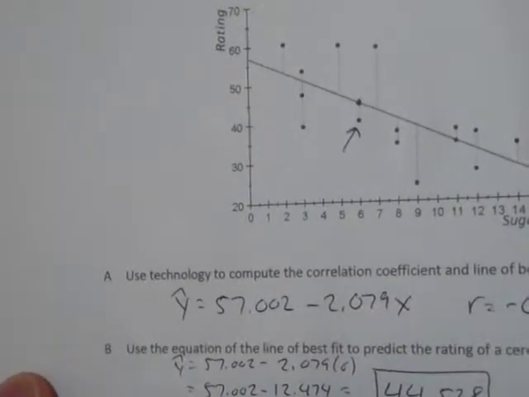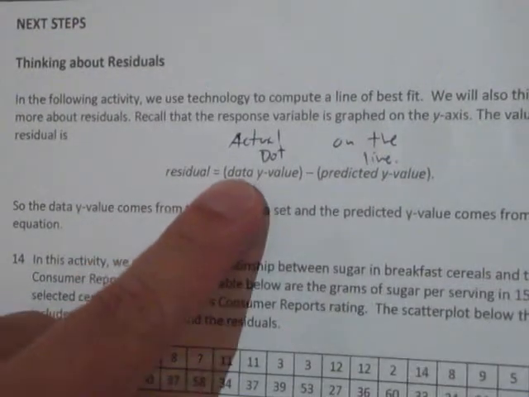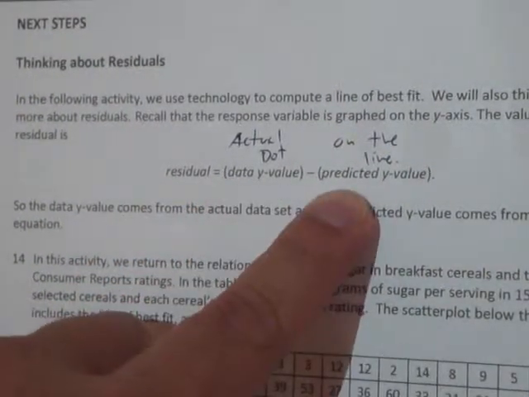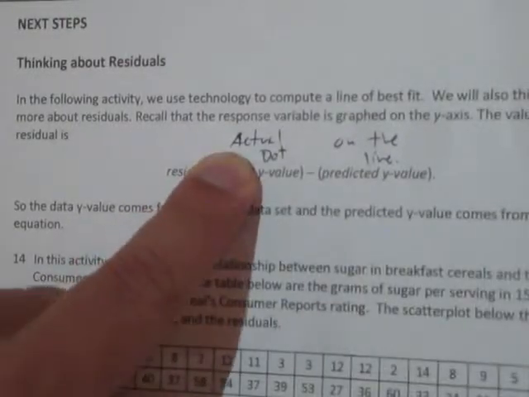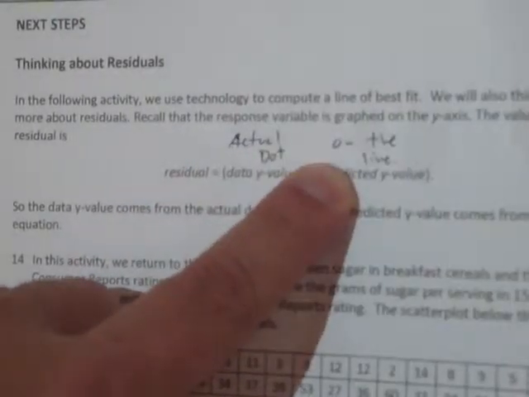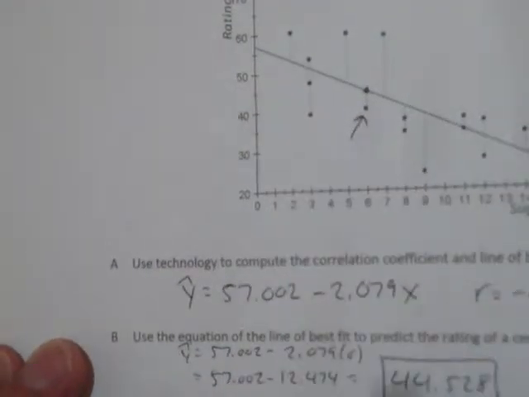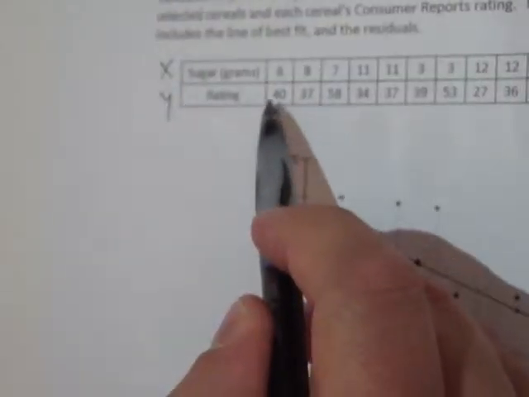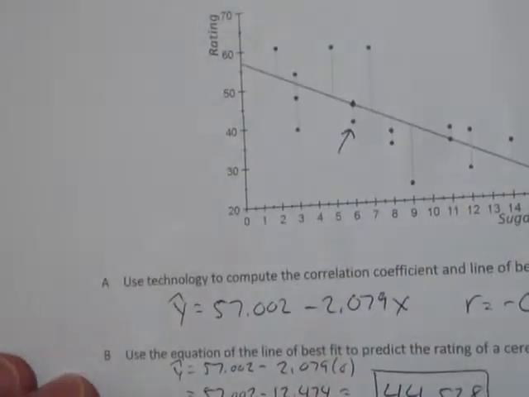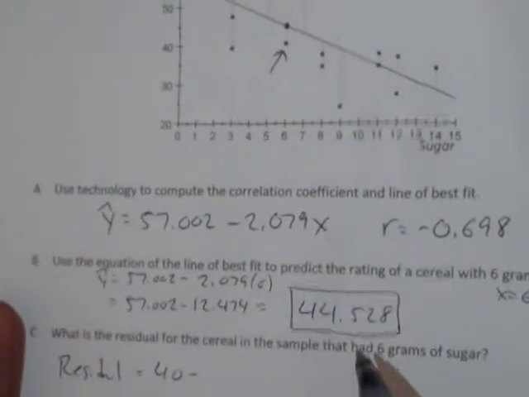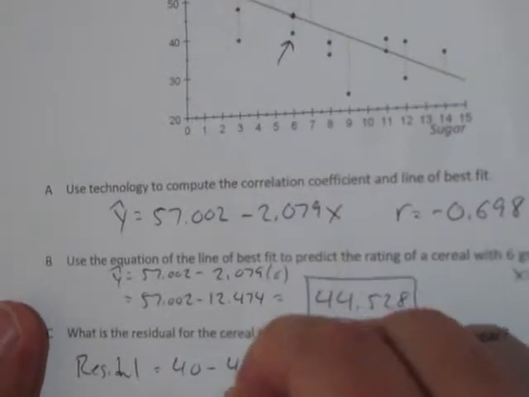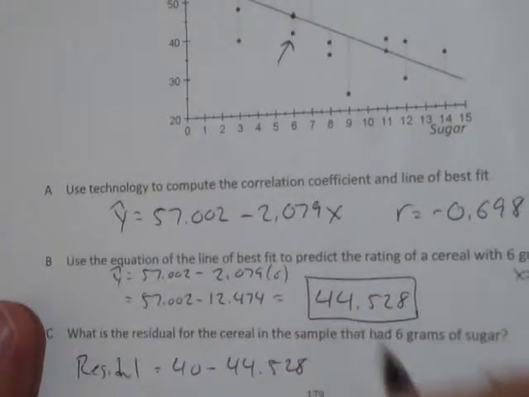So for the residual, there's a formula up here. The residual is the data y value minus the predicted y value, or the actual dot minus the dot we have on our line. Okay, the actual dot was 40 from our table. So we get 40 minus our prediction, 44.528.